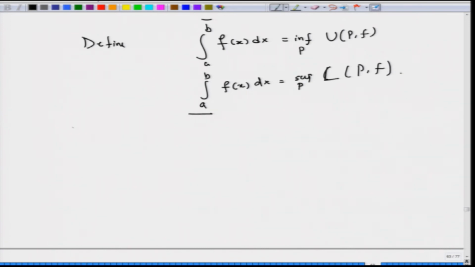Now, we define: let f from [a, b] to R be bounded.